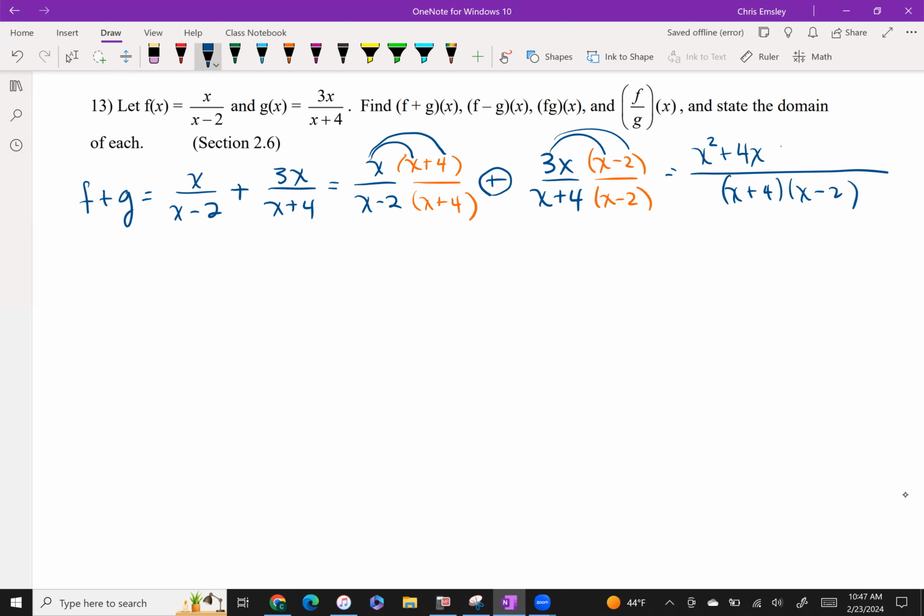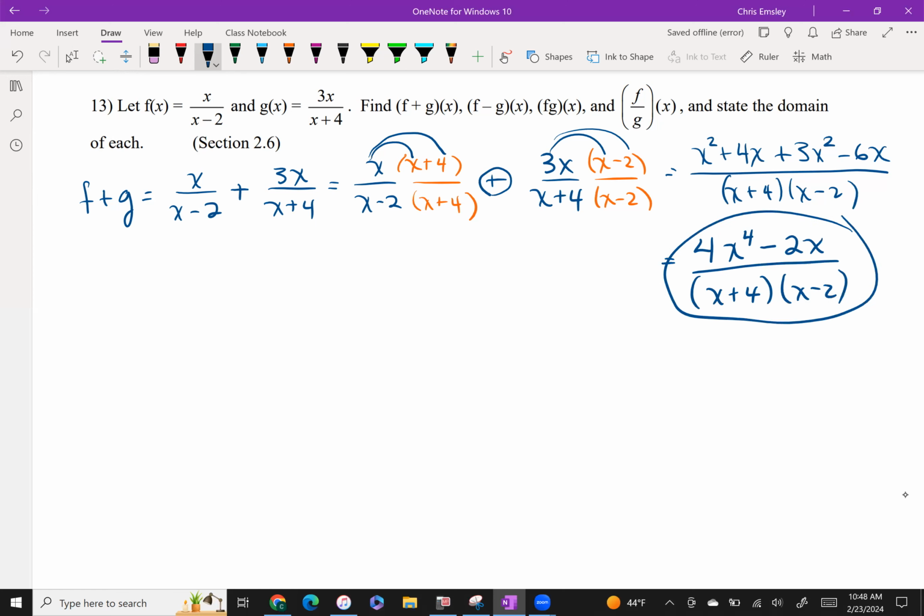So that's plus 3x squared minus 6x. We should look for any like terms that can be combined. We do have some x squareds. X squared and 3x squared gives us 4x squared. Watch your signs here. 4x minus 6x is minus 2x. And that is all over x plus 4, x minus 2.